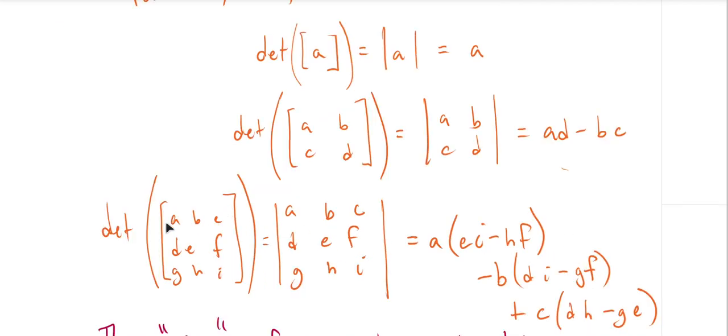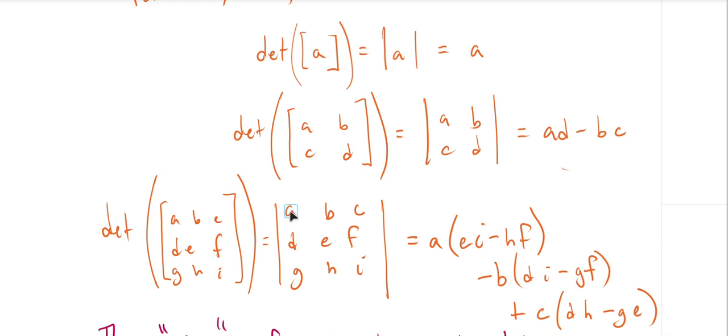And the determinant of the 3 by 3 matrix can be found in several ways. One of them is to take the numbers along the top row, A, B, and C, and multiply by a term that looks a little bit like the determinant we looked at for a 2 by 2, with a negative sign attached to the B. So let's break that down.